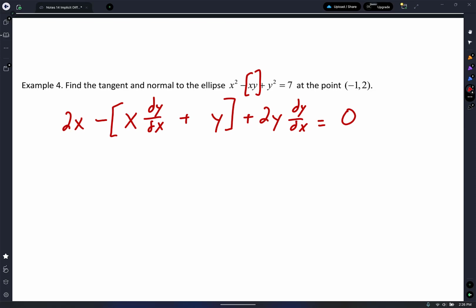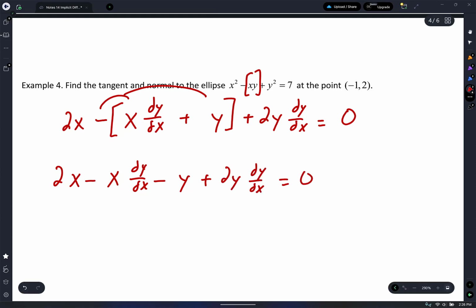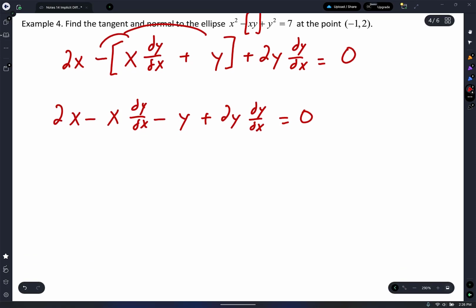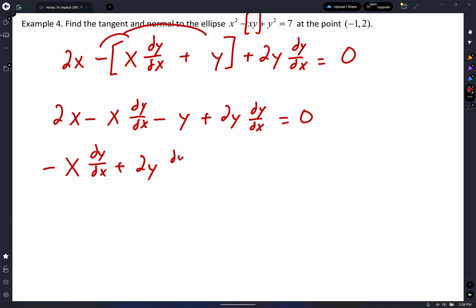The rest is algebra. Distribute the negative. 2x minus x dy dx minus y plus 2y dy dx equals 0. Whatever does not have a dy dx, I'm going to move to the right side. So negative x dy dx plus 2y dy dx equals y minus 2x.